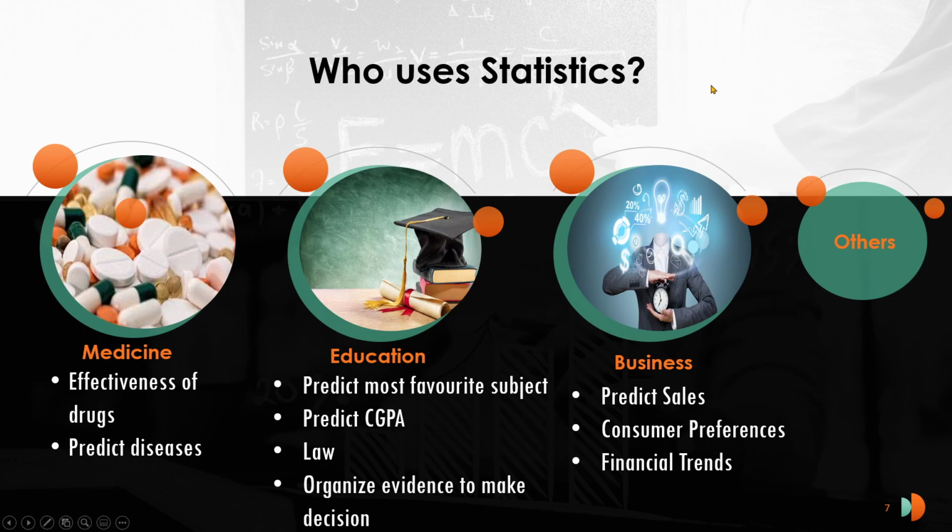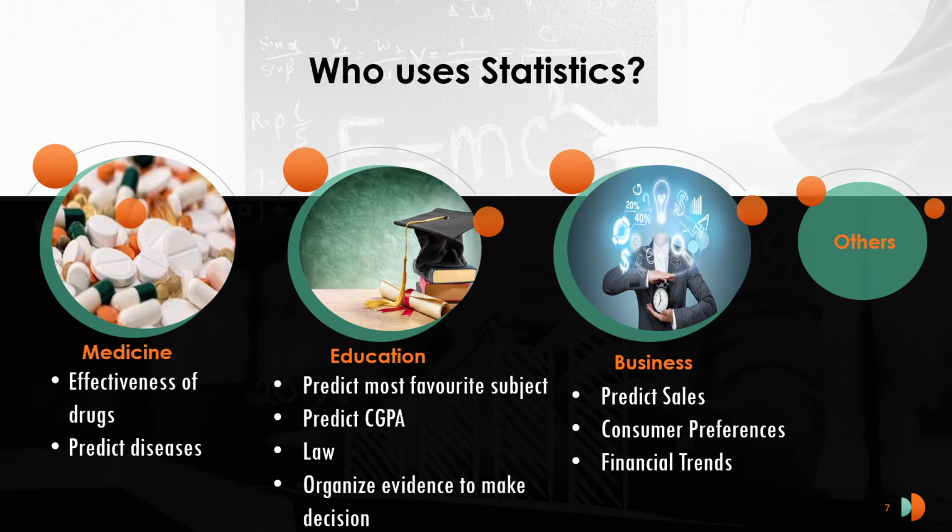Who uses statistics? These are some examples. In the medicine industry, we want to determine the effectiveness of a drug or new vaccine, such as the COVID-19 vaccine, and predict diseases and pandemics in a certain area.